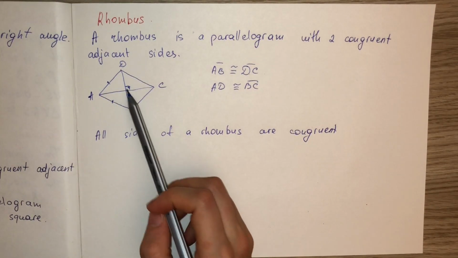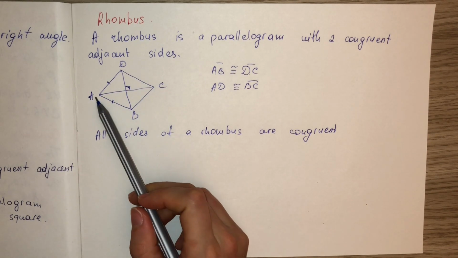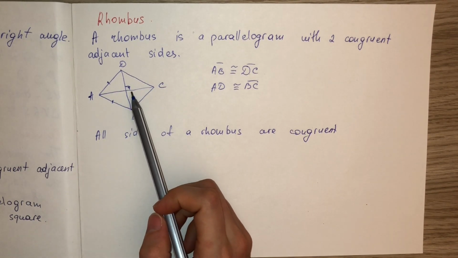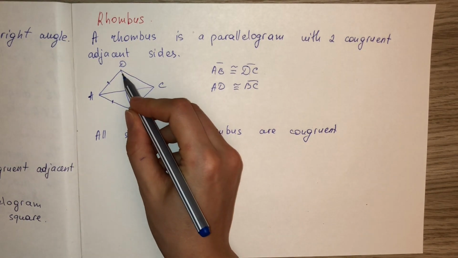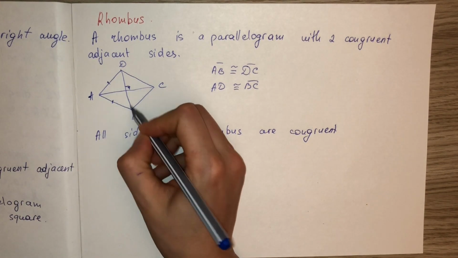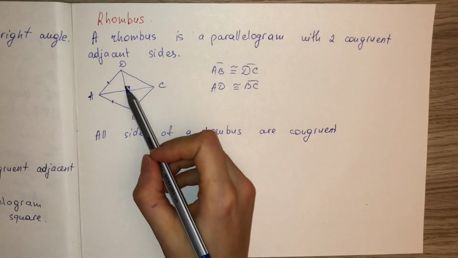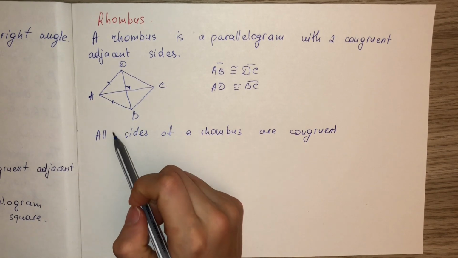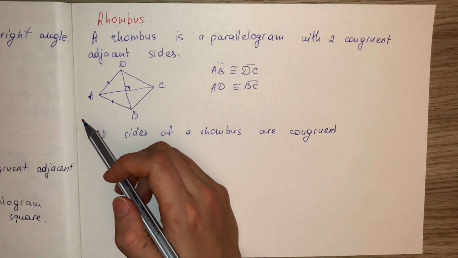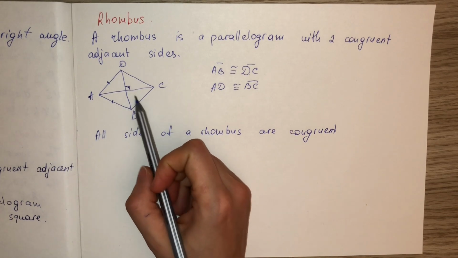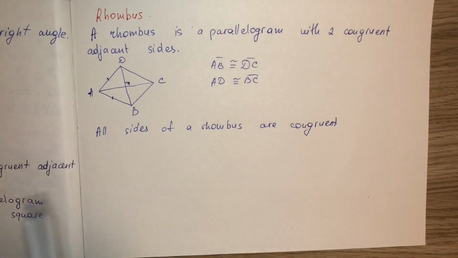As is easily seen from this figure, the diagonals of the rhombus make four triangles with a right angle. Yes, and here the Pythagorean theorem appears. So what is the Pythagorean theorem?